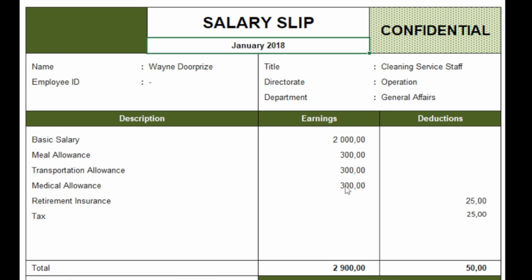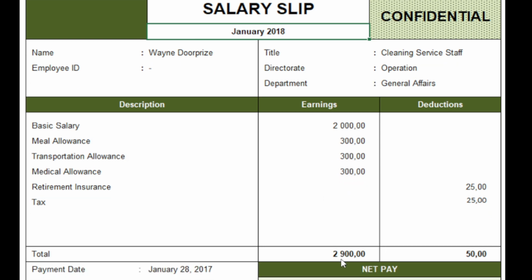Then they ask us, well, what is the gross salary of Wayne? And again, remember, we take our basic, we take all our allowances, everything under earnings, we add it together, and that is our gross salary. Are there any deductions? Yes, there's retirement insurance and tax. And there you can see those deductions total 50 Rand.